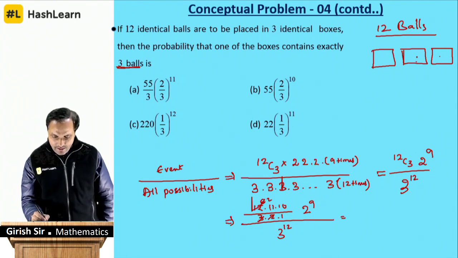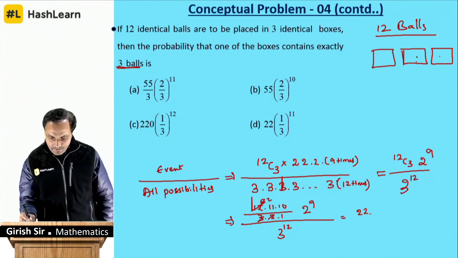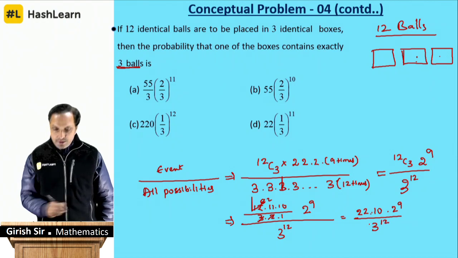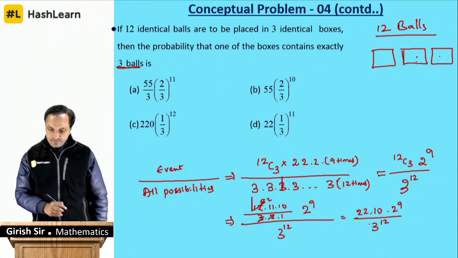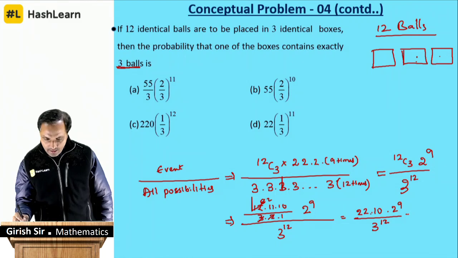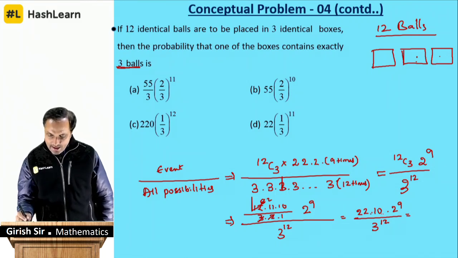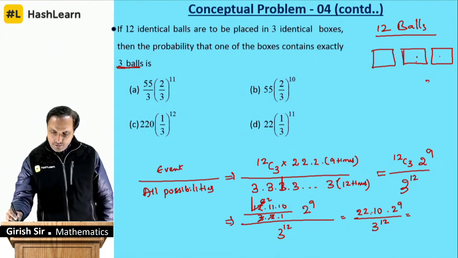So that will give you 11 into 2 is 22 into 10 into 2 to the power 9 divided by 3 to the power 12. So this you can write as 11 into 2 is 22.